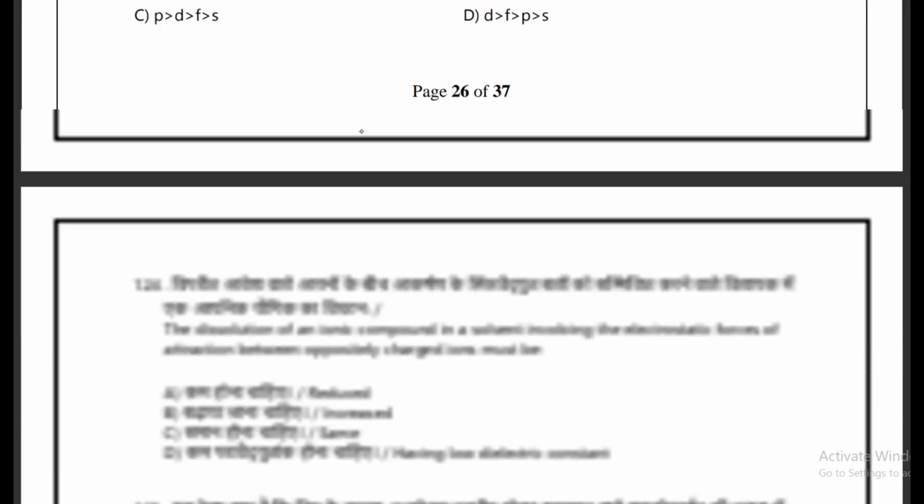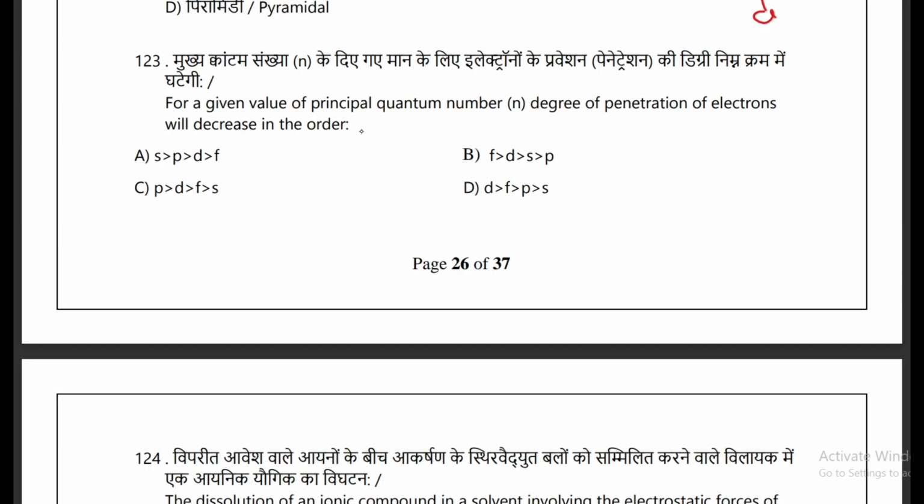In the next question, for a given value of principal quantum number n, the degree of penetration of electrons will decrease in the order. So 4 orders they are providing, and out of 4 options, A option is your correct answer. Actually for a given principal quantum number, the penetration of electrons decreases in the order given in the A option, because s orbitals are spherical and have highest probability density near the nucleus.